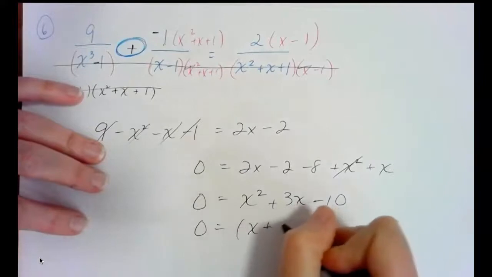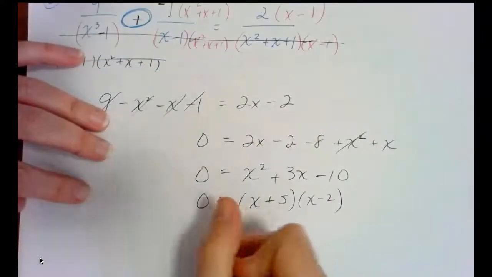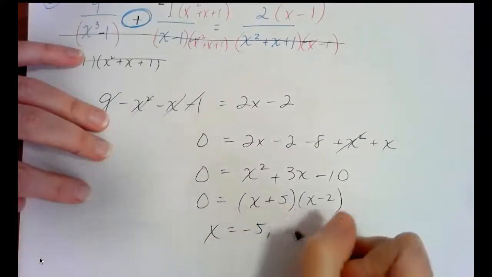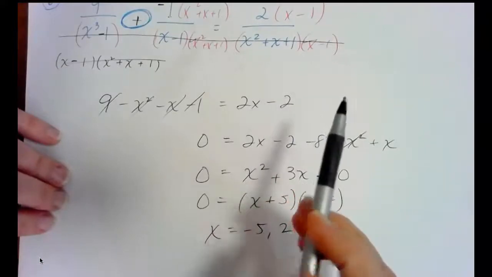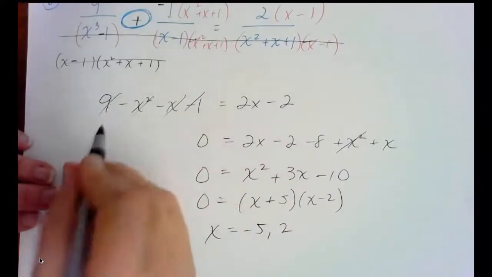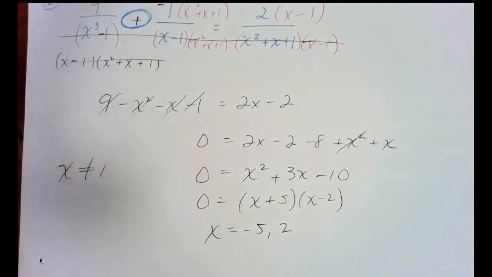X plus 5, x minus 2, x equals -5 or 2. Now if we go back and think about restricted values, the restricted values is only x cannot equal 1. So both of those should work, being that they're not an excluded value.